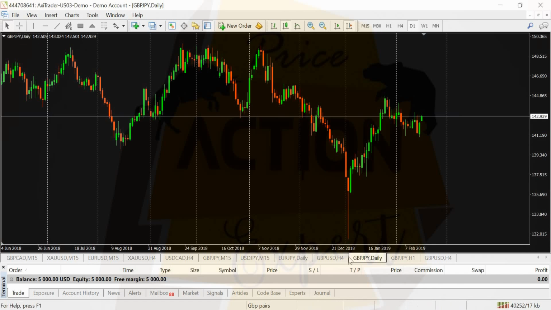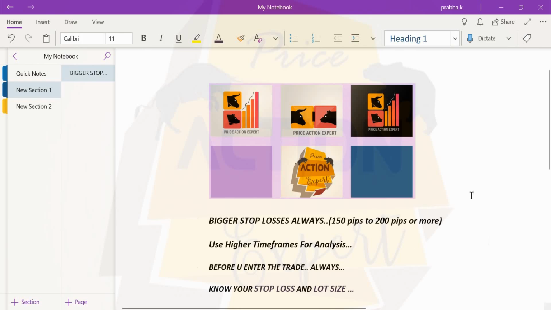Try to trade in bigger time frames, bigger time frame in the sense H4 and above, daily, weekly. Analyze in that and try to enter in smaller time frames.